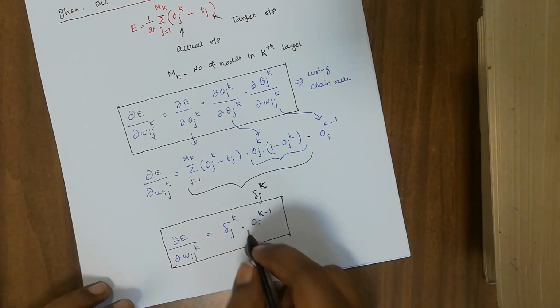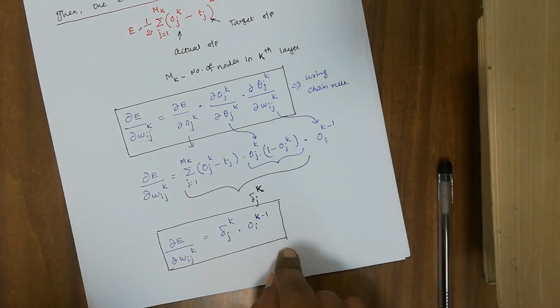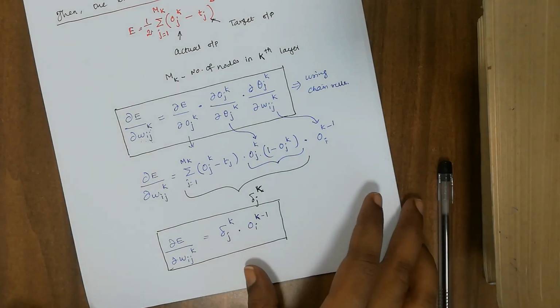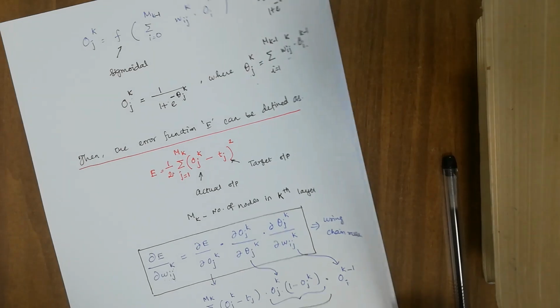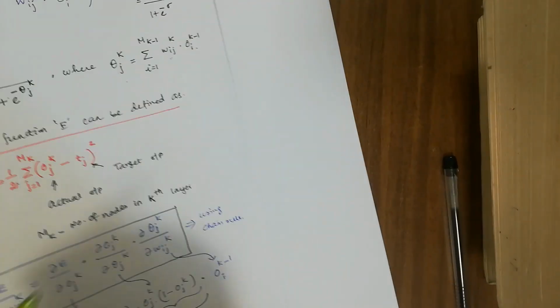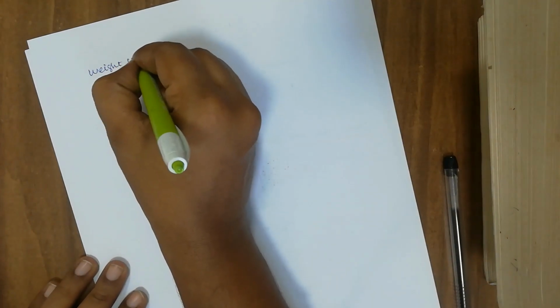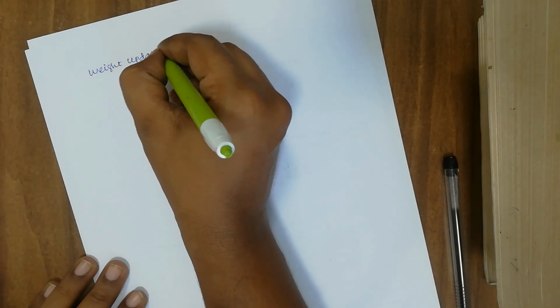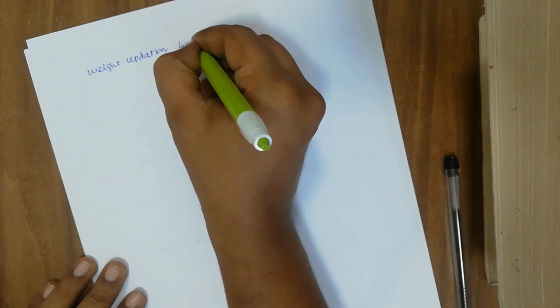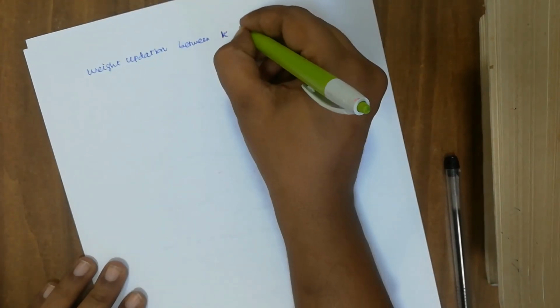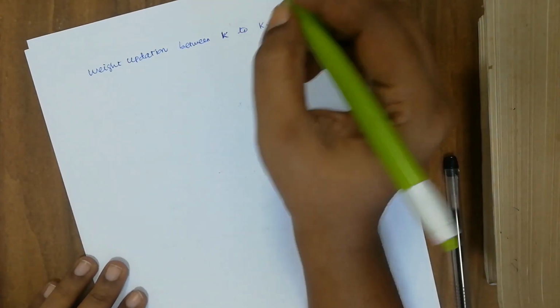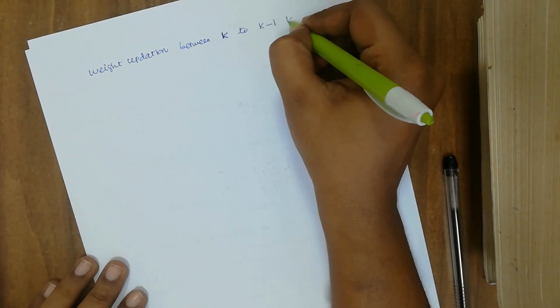Now we use this error function to update the weight, as we did in the perceptron learning algorithm. So let us go for the weight updation rule: the weight updation between capital K and the previous layer, capital K minus 1th layer.